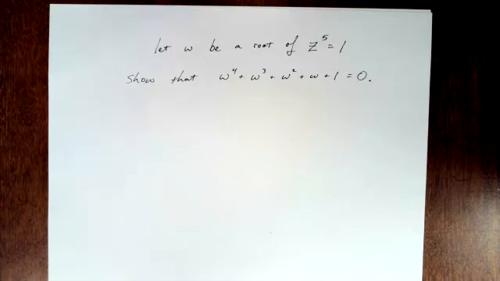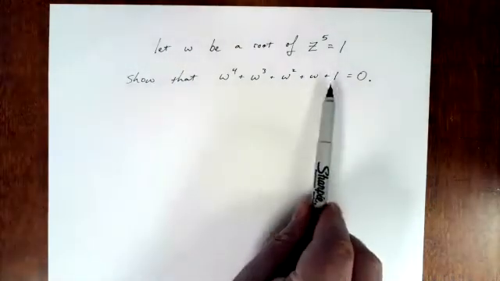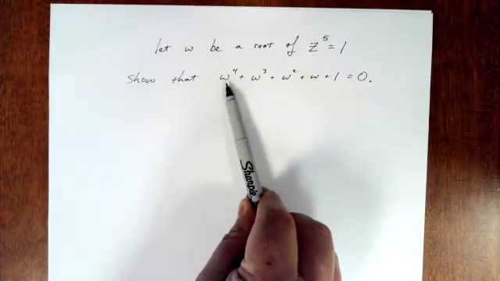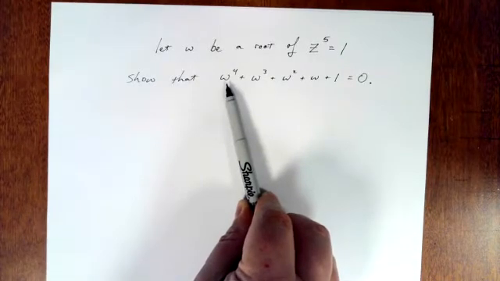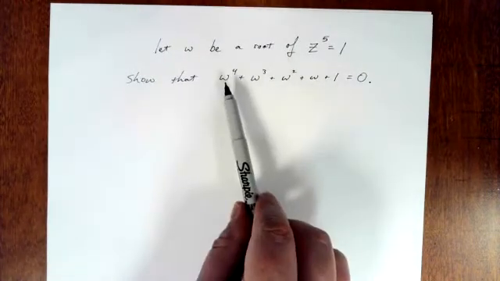So there are two ways of solving this problem. Before I go into how to solve it myself, think of this as a geometric series. That's one way to do it.